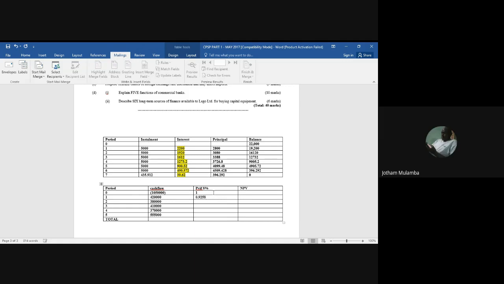For period 2, it is 0.8573. Then for period 3, 0.7938. Then we move on, 0.7350. Then the last one is 0.6806. You have your calculator with you, I hope so.